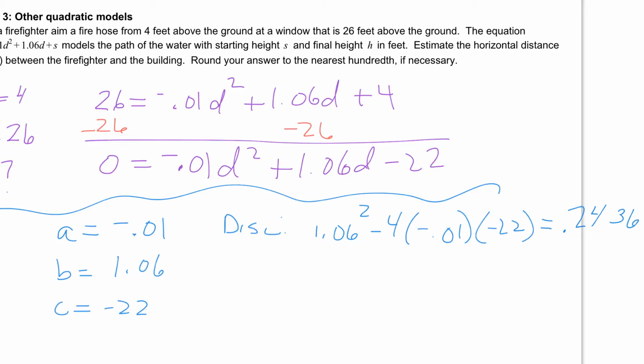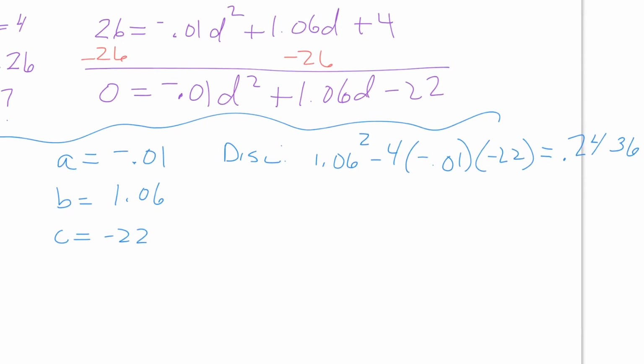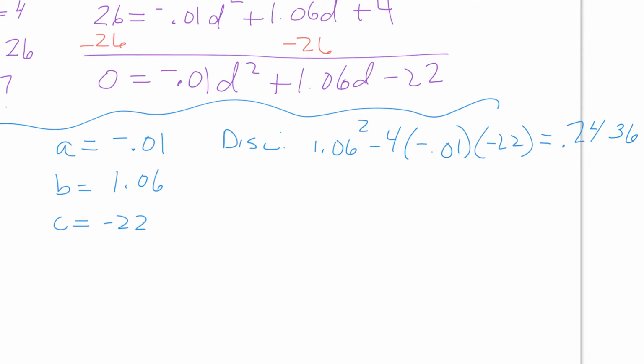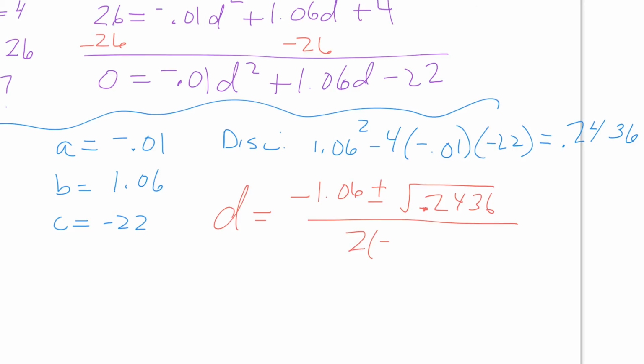Then we can go ahead and plug this into the quadratic formula. So we have d is what we're solving for. d is going to equal the opposite of b, so negative 1.06, plus or minus the square root of our discriminant, which was 0.2436, dividing all of that by 2 times my a value, negative 0.01.